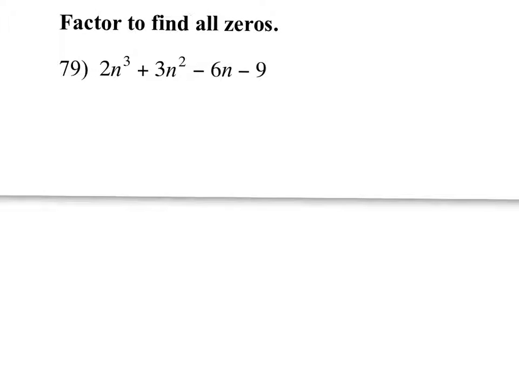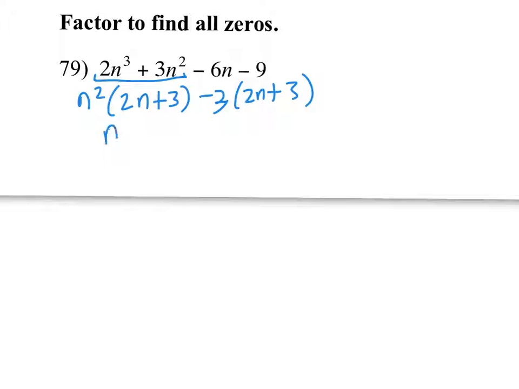For number 79, I've got 4 pieces and I'm being asked to factor. I'm going to do factoring by grouping because I've already got 4 pieces set up for me. First two, I can take an n squared out, leaving me with 2n plus 3. Then I can take a negative 3 out, 2n plus 3.